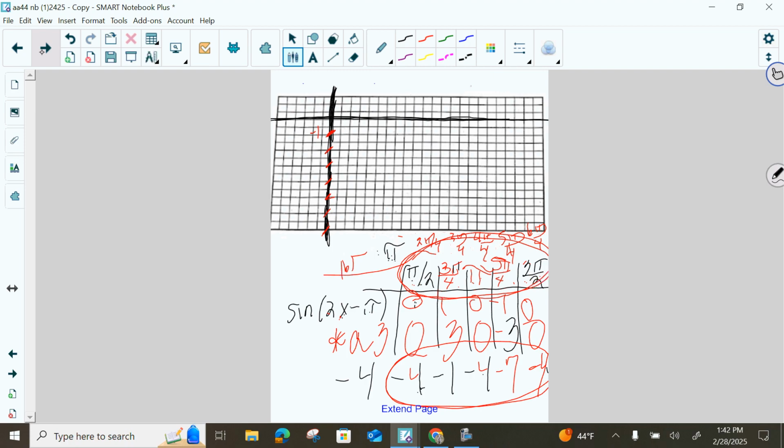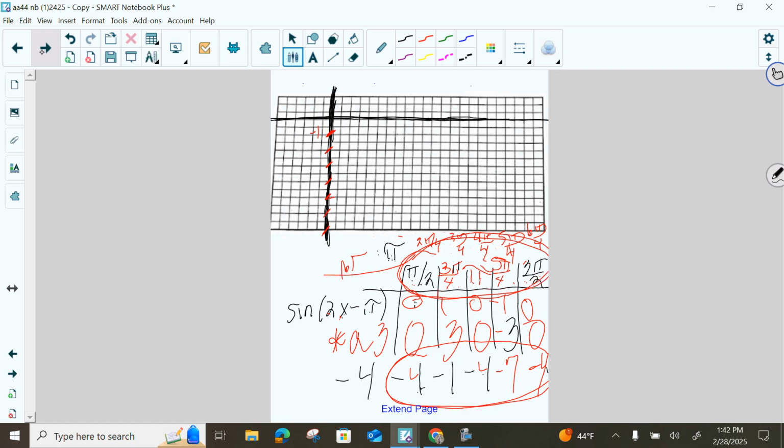So a common denominator would be what? 4, right? But let's just figure it out for a little bit. If I make 4 boxes for pi, that's how much a period is. If I have 30 boxes, well, what am I going to get? 7 plus periods in there.